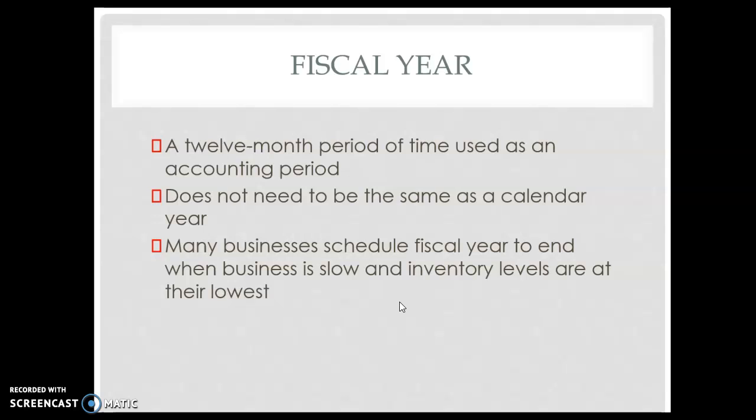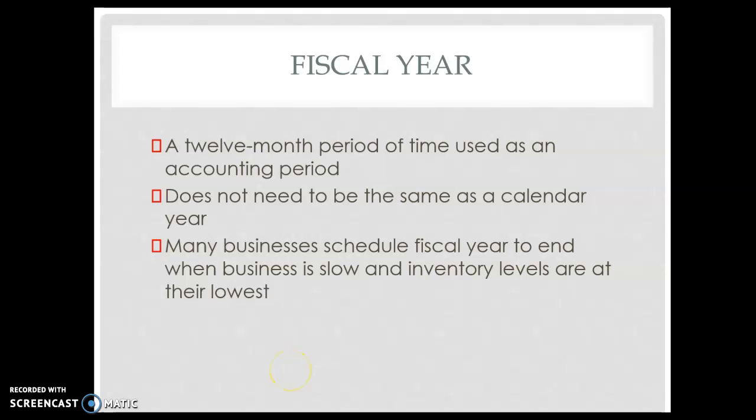On that day, the end of your fiscal year, you want that to be the lowest amount of inventory possible. And so a lot of those big retail stores have a fiscal year that ends at, say, the end of February or something, because that's when they feel like their inventory is at the lowest level.